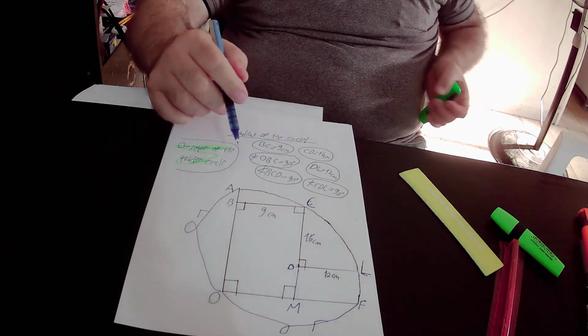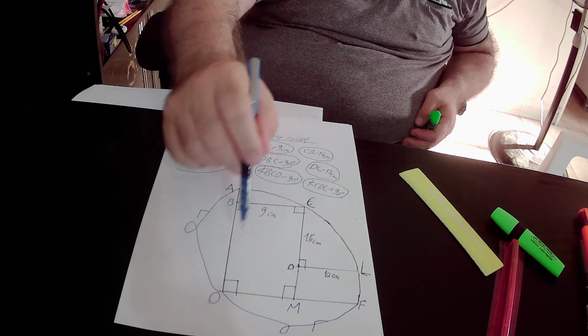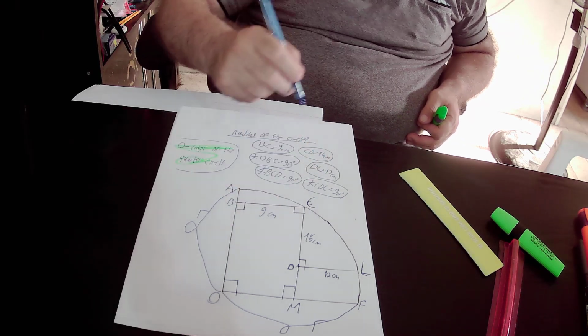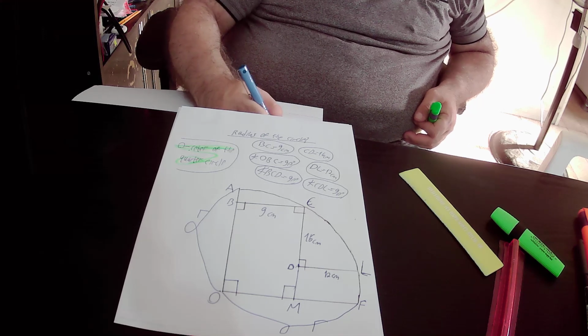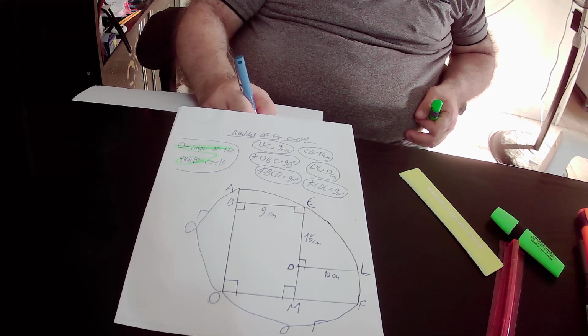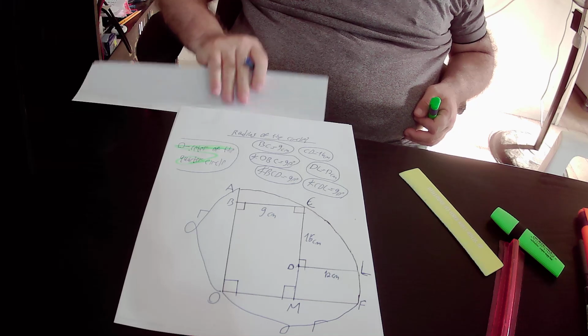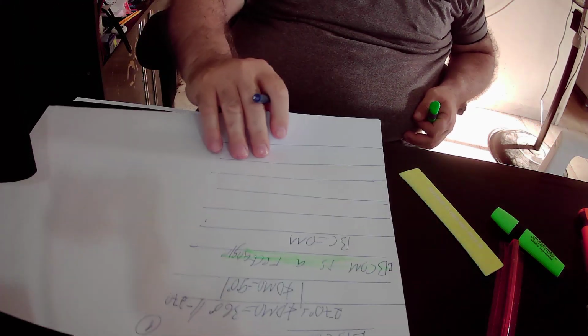That is to say, in rectangle BCOM, side BC must be equal to side OM. BC equals OM, according to the rule that the opposite sides of a rectangle are equal to each other.